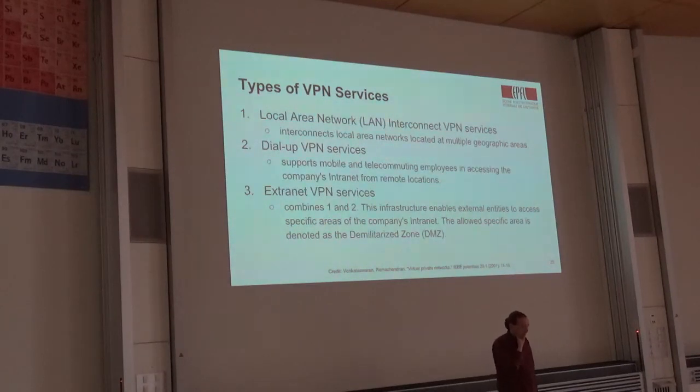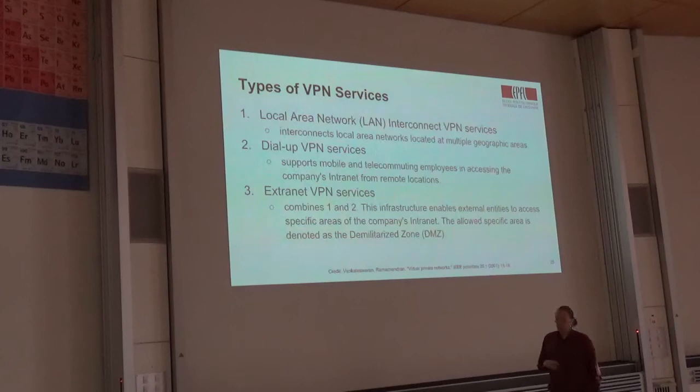Right. So that's for handling multiple fixed offices typically. The others are more for remote or mobile users who need to be able to get onto the corporate network from wherever they are. Right?